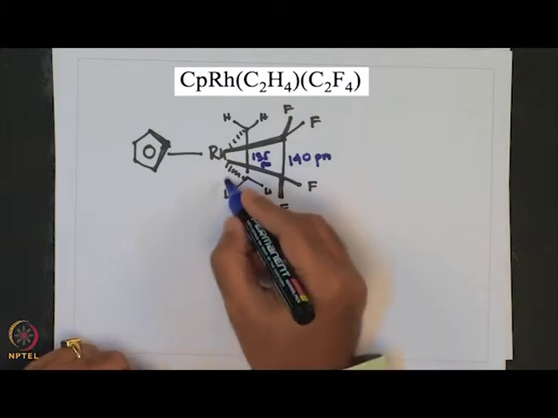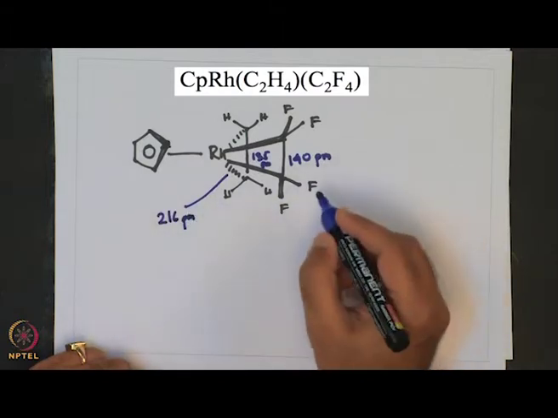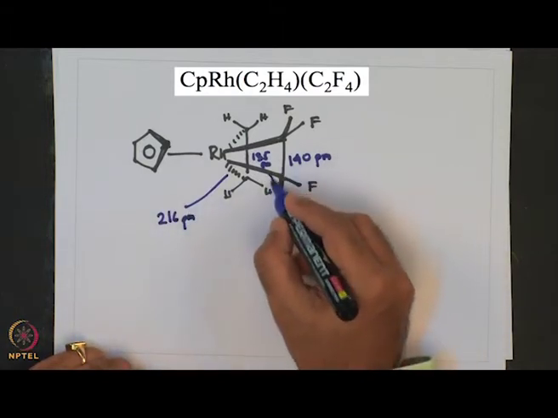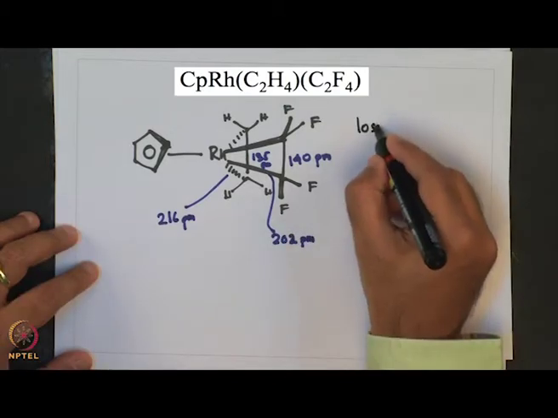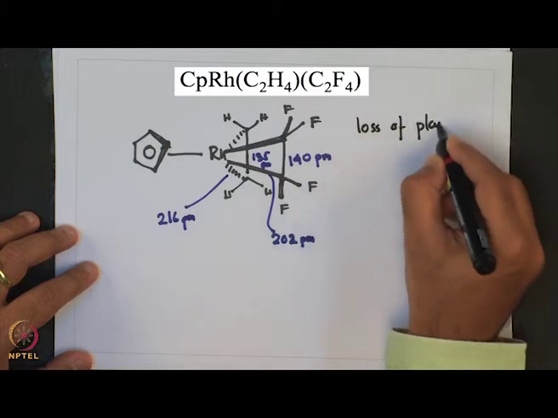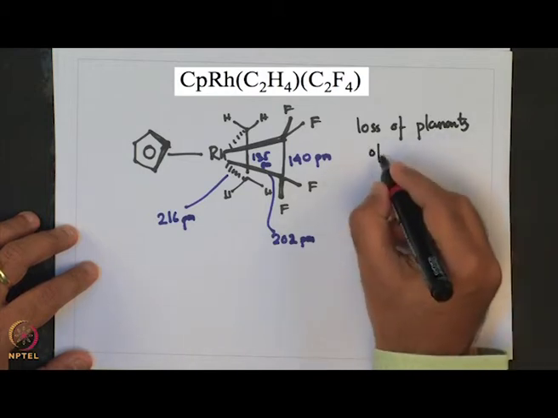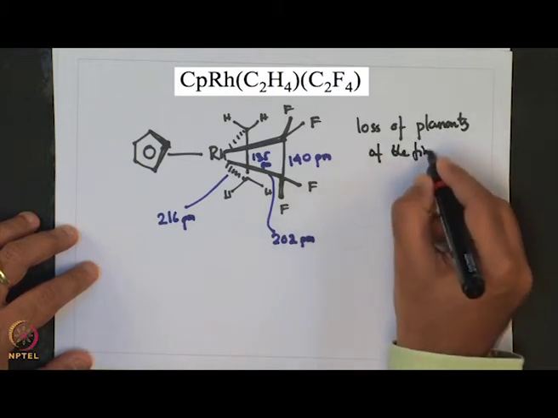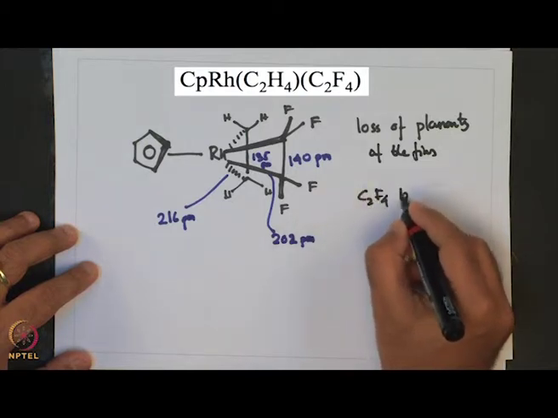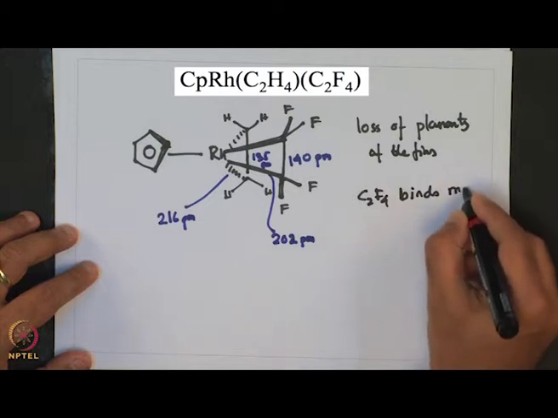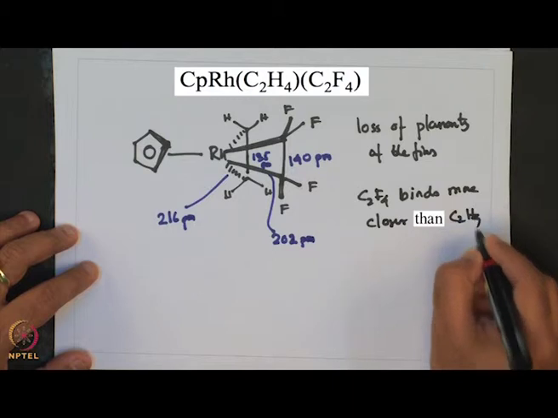Rhodium-carbon bond length for the olefin containing two hydrogens is 216 picometer. Rhodium-carbon bond length for the olefin containing two fluorines is 202 picometer. So, what it says is that there is loss of planarity of olefins, and C2F4 binds more closely than C2H4.